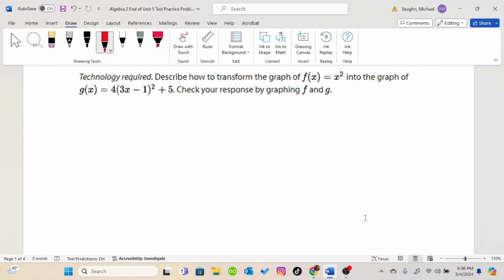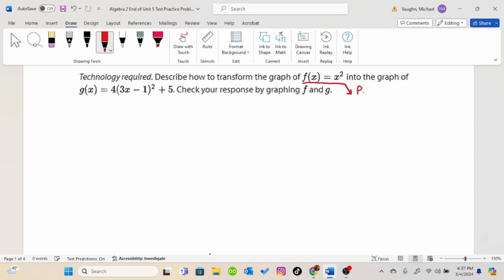Describe how to transform the graph of f of x equals x squared into the graph of g of x equals 4 times the quantity 3x minus 1 squared plus 5. Check your response by graphing f and g. So first, we want to look at f of x equals x squared.